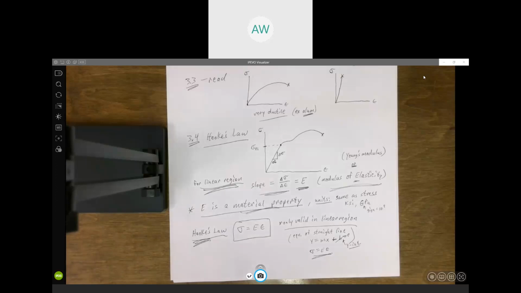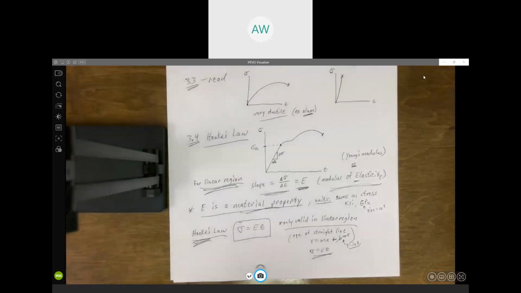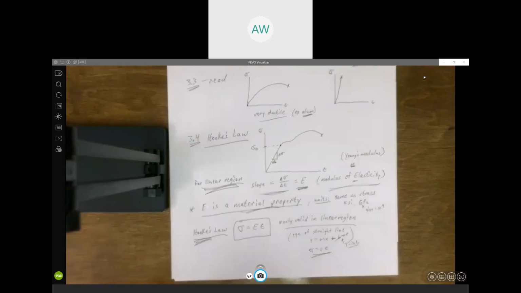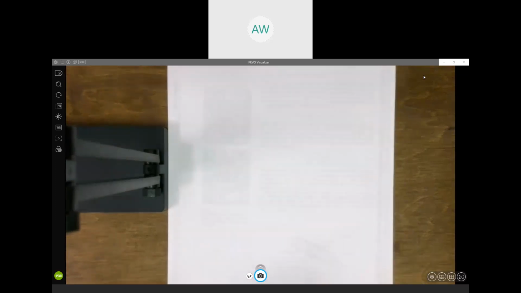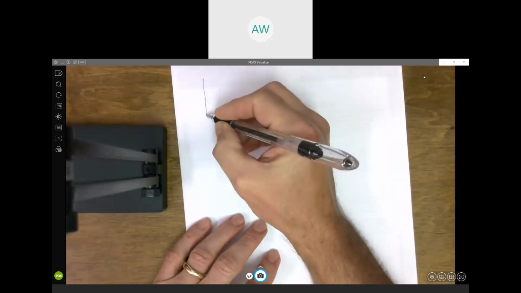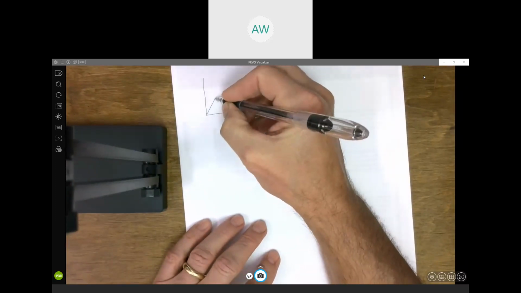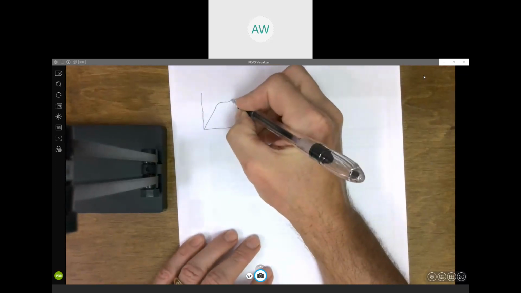All right, there's one other thing I wanted to talk about related to stress strain diagrams, and this is more just some notation the textbook uses that you need to be familiar with. So, for example, let's go back to what a typical stress strain diagram would look like for a typical steel.